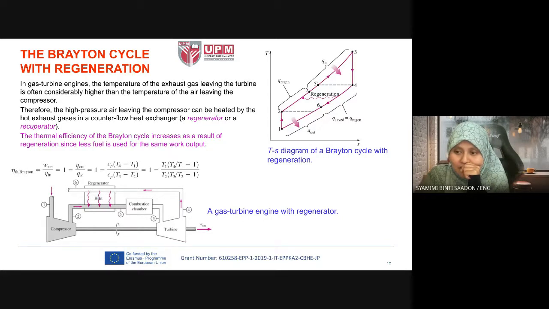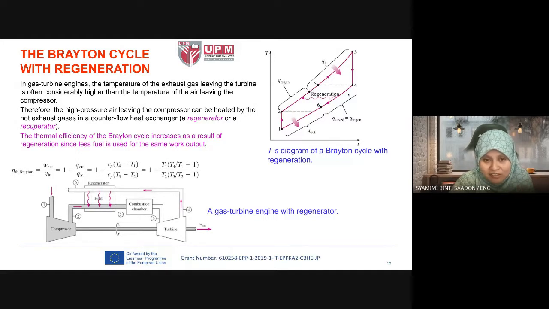Isn't the gas leaving the exhaust burnt fuel mixed with air, and isn't 100% air? Yes, it is not 100% air, but we use the heat. It's not the mixture of fuel and air mixed up with the air here.